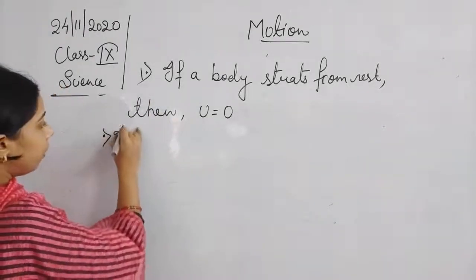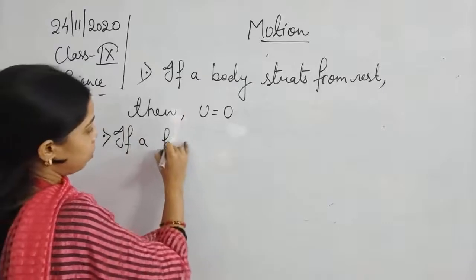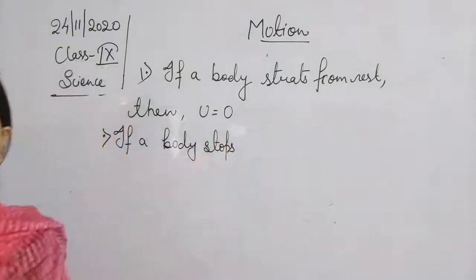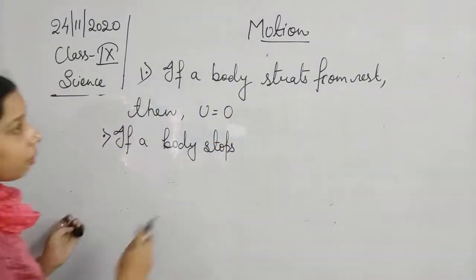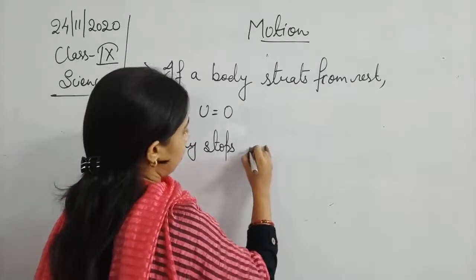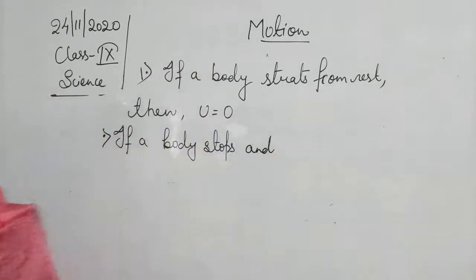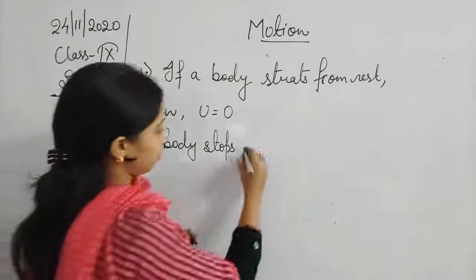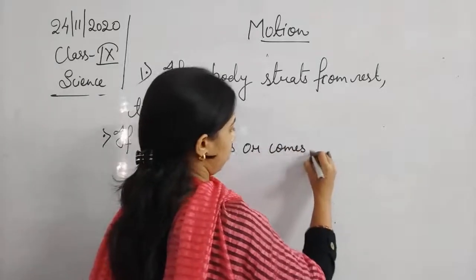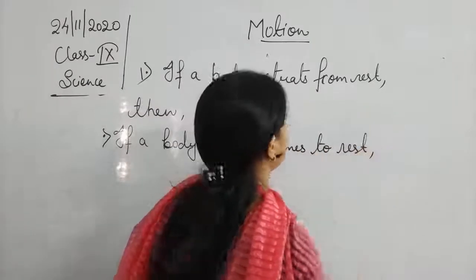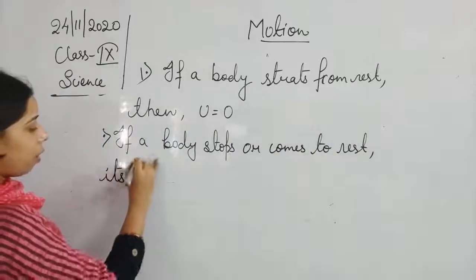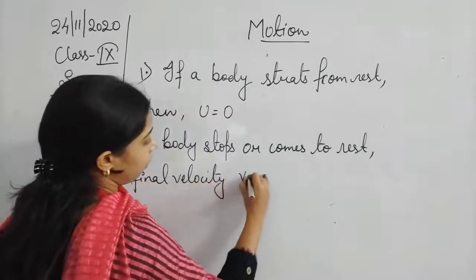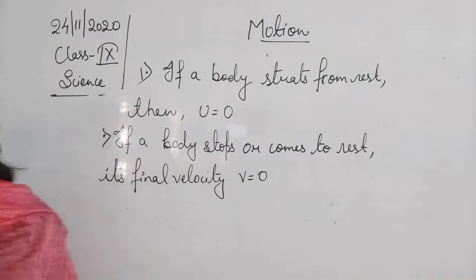Second one, if a body stops or comes to rest, its final velocity v will be equal to 0.